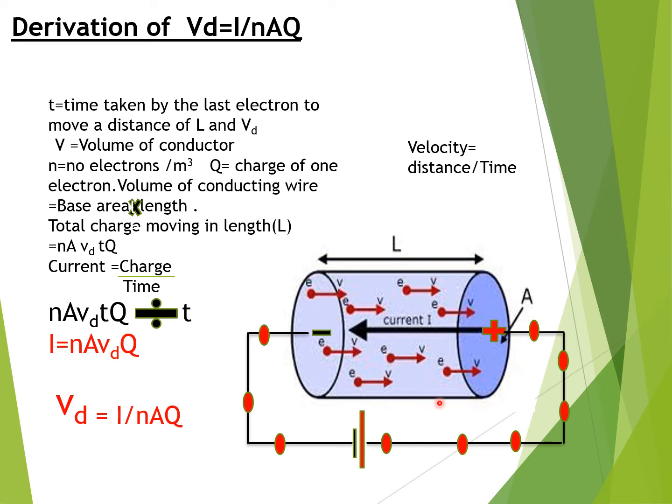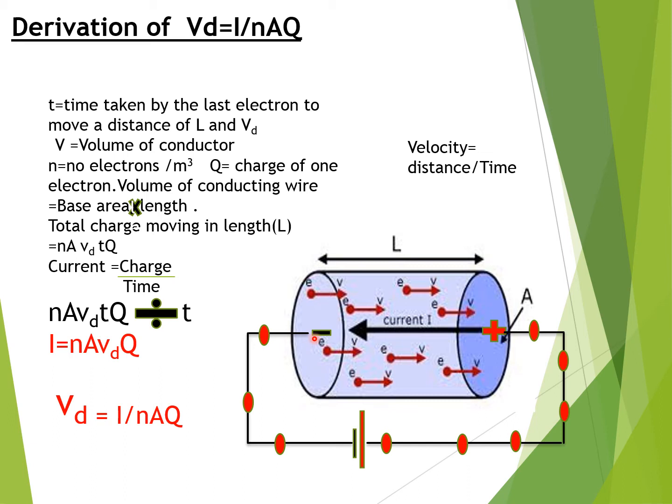This is the direction of the electric field, whereas the electrons are moving in the opposite direction to the electric field. Why? Because a uniform electric field is generated by the application of potential difference between the two ends of the conductor. So the electrons begin to drift.